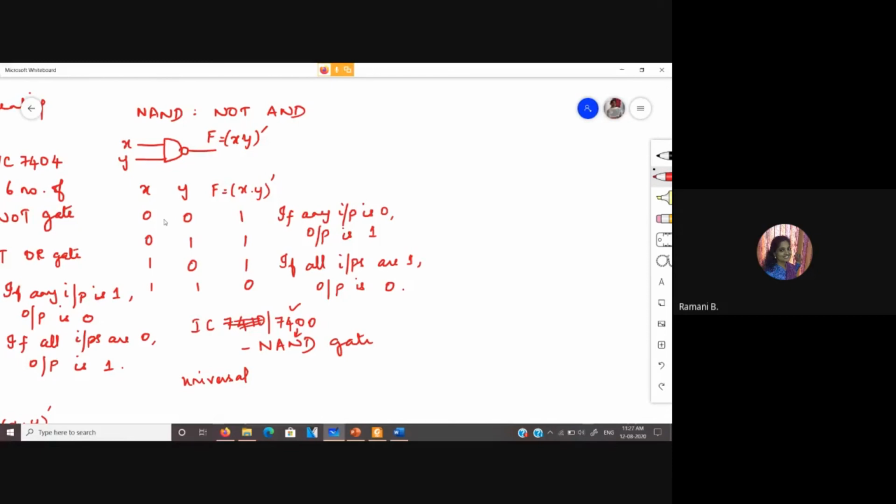Okay, thank you. So why we call these NAND and NOR gate as universal gate? The main reason is you could actually implement OR gate, AND gate, and NOT gate. All the basic gates can be implemented using these NOR and NAND gate. That is the reason why we call these as universal gates.